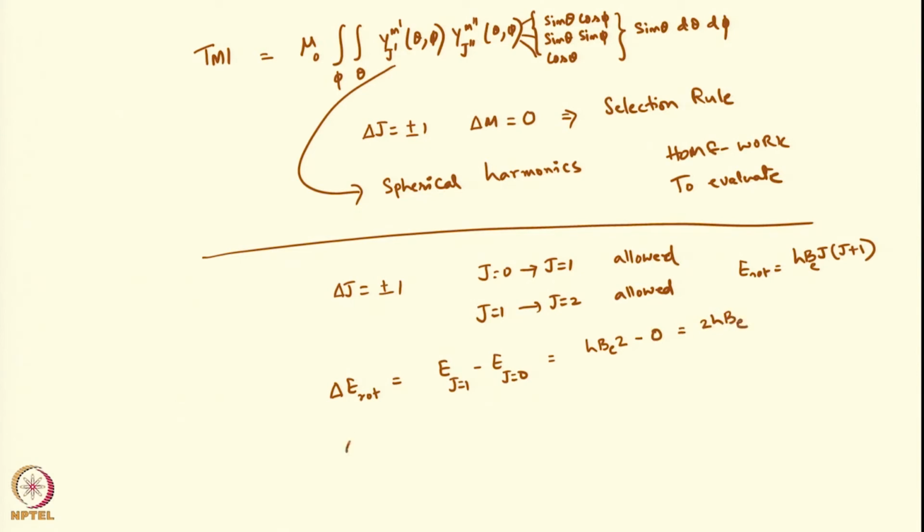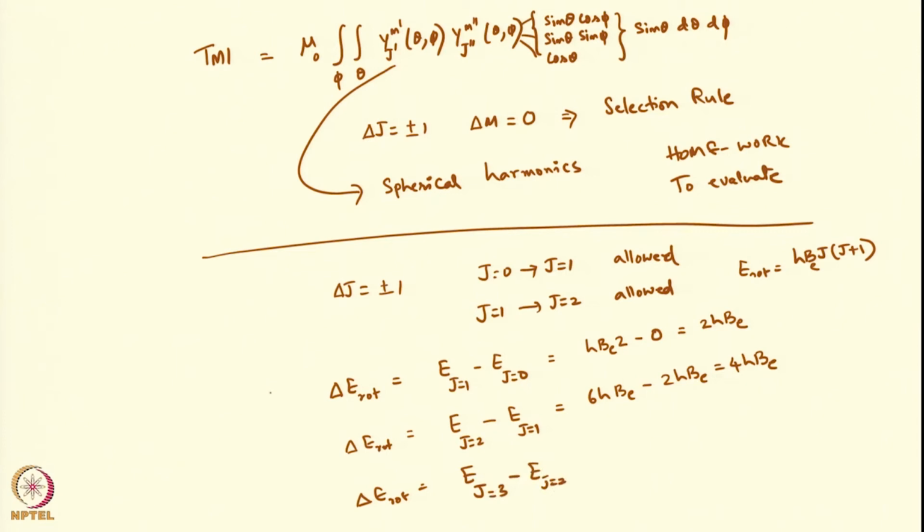Similarly, if you have delta E rotation equal to E at j is equal to 2 minus E at j is equal to 1, this will be equal to, when j is equal to 2, 2 plus 1 is 3, 3 into 2 is 6. So, this will be 6 h B minus 2 h B, so this is equal to 4 h B. Similarly, when you have delta E rotation, E at j is equal to 3 minus E at j is equal to 2.